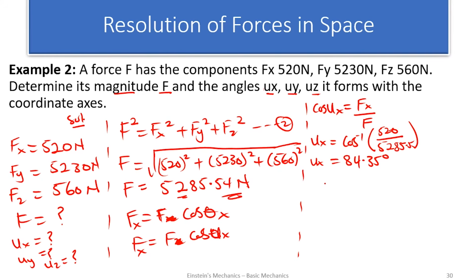The same thing on the y will be cos uy equal to f of y. Pay attention to the correction I made here. It's always f of x is equal to the magnitude cos theta x. So on the magnitude, I'm getting my uy to be cosine inverse of f of y, which is 5230, on 5285.5.